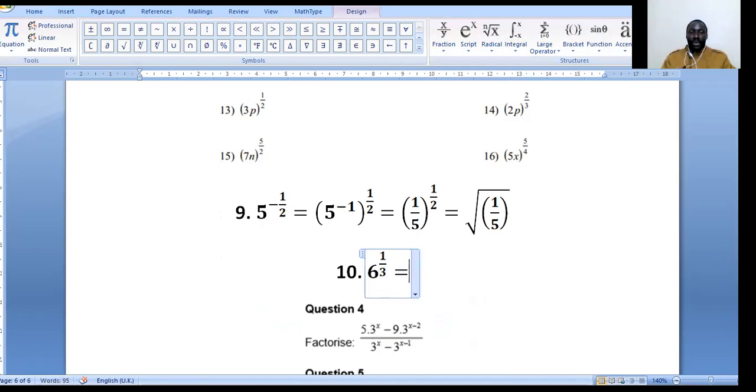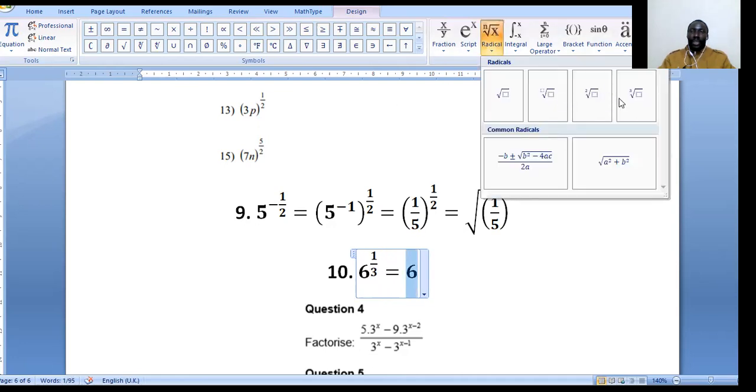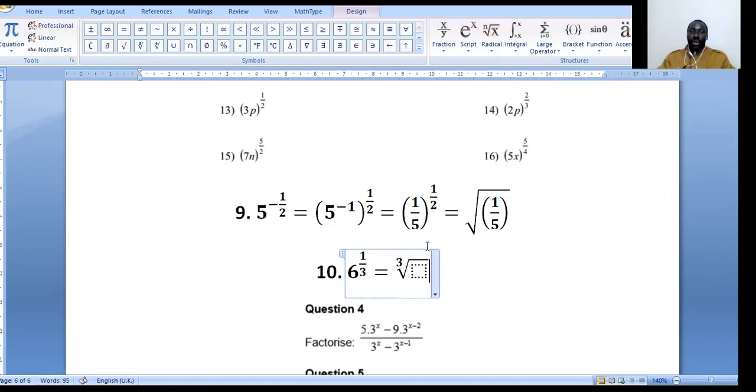So what's this going to be? Well, this is going to be the cube root of 6. The cube root of 6 is written this way: cube root of 6, and that's the final answer.